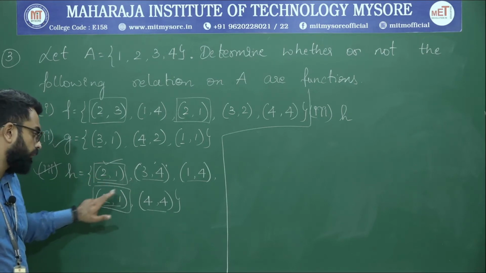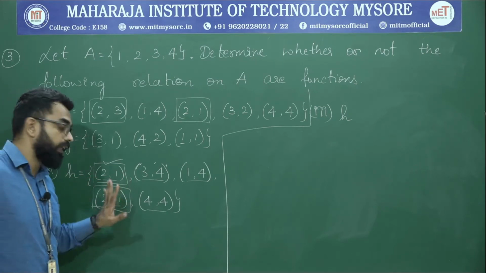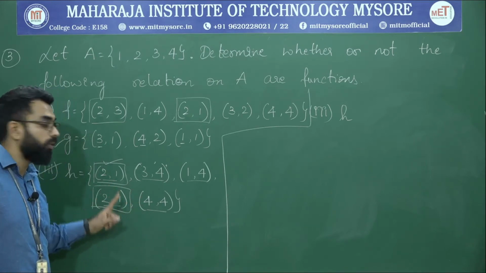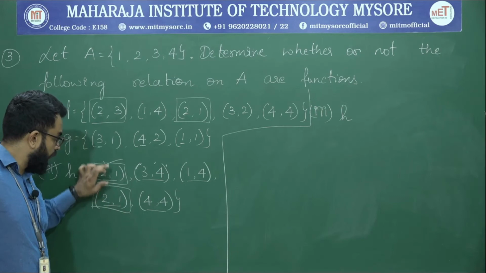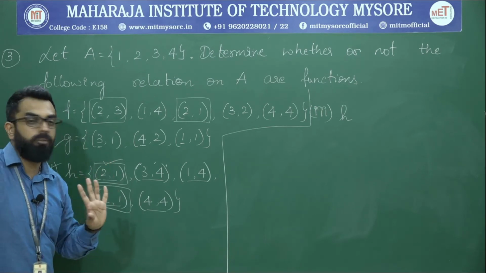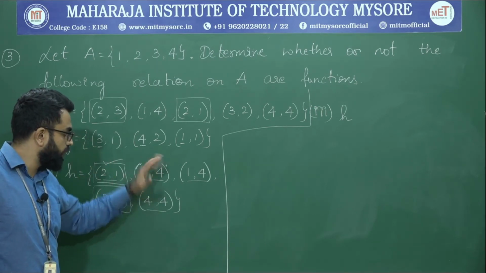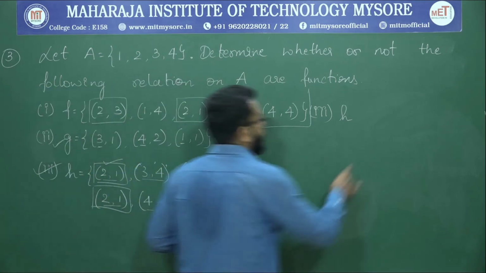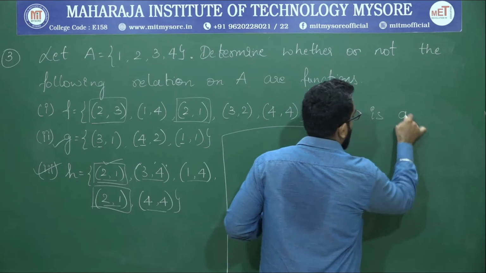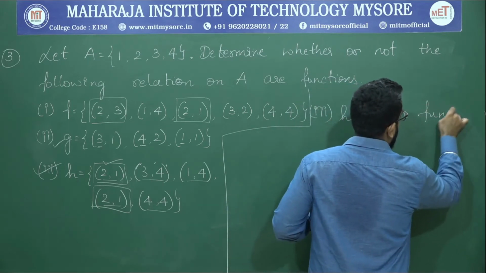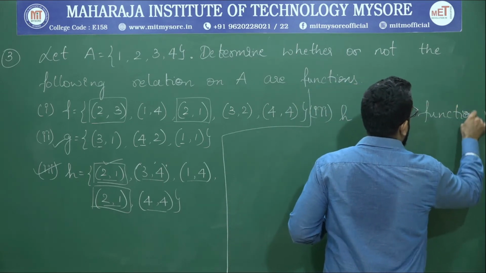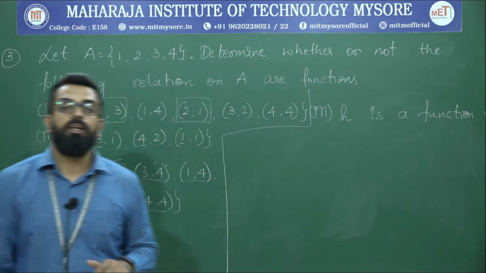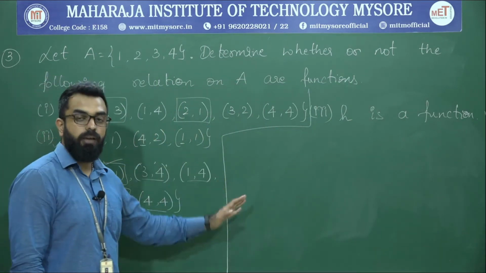If 2 had been mapped to some other element, that would have been a problem, but here 2 is mapped to 1 itself. So by the definition of function and careful observation of H, H is a function because it satisfies the definition of function, where all the elements of set A have unique mappings in set B.